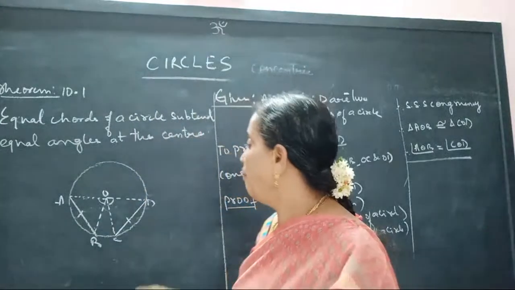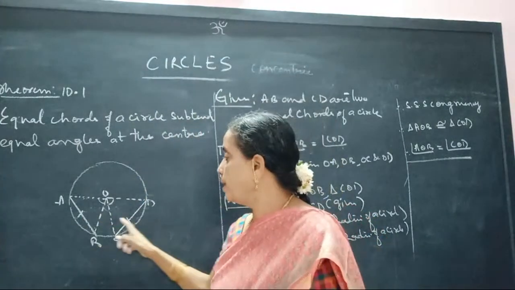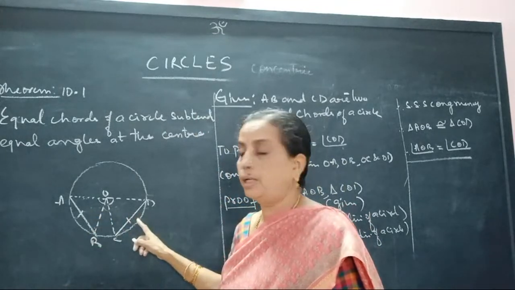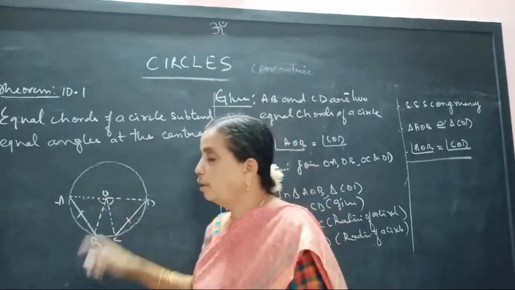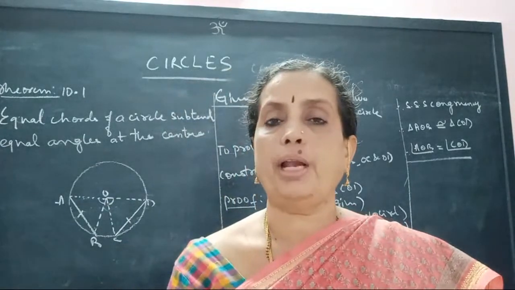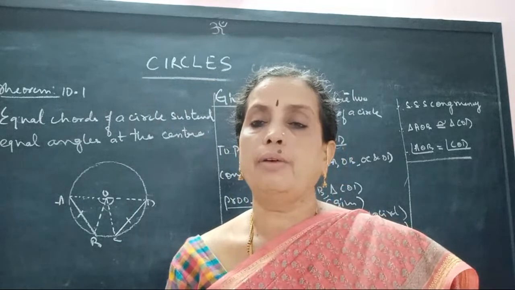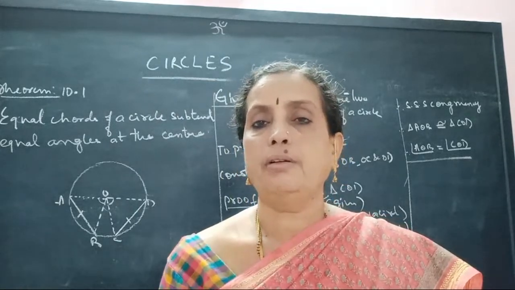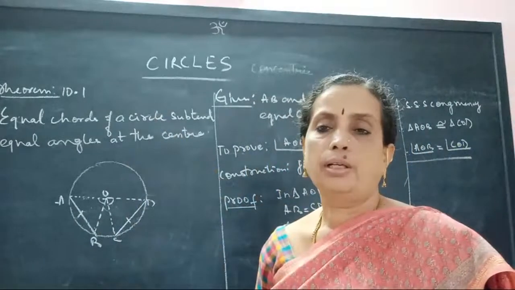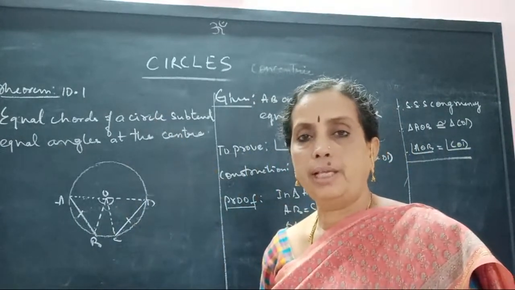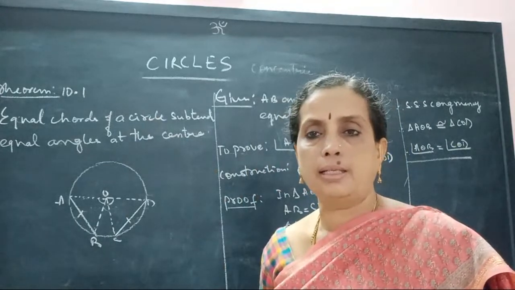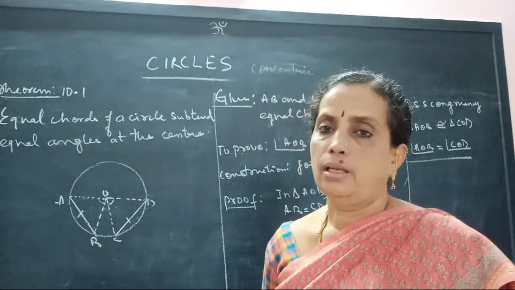That means if you draw AB and CD with, for example, 2 centimeter and 2 centimeter, then when we join, they subtend equal angles. You can measure by protractor. You will get equal measurement at the center of the circle. This is the explanation of theorem 10.1, that is, equal chords subtend equal angles at the center. Is it clear?